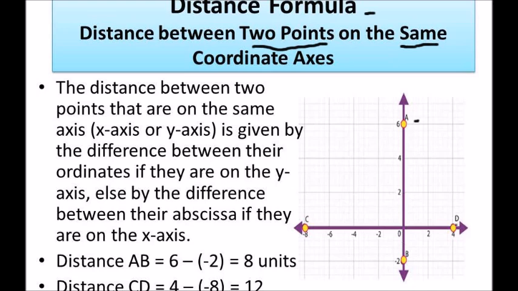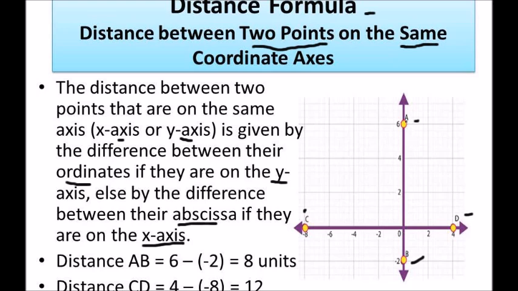Look at the figure. Here A, B, C, D, four points are marked. A, B are on the y-axis and C, D on the x-axis. The distance between two points on the same axis, that is x-axis or y-axis, is given by the difference between their ordinates if they are on the y-axis, else by the difference between their abscissa if they are on the x-axis.